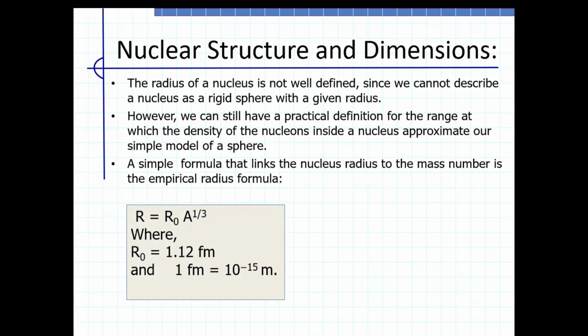It is an empirical formula, and it is given as r equal to r naught times A to the power 1/3, where r naught is 1.12 femtometer, which is 10 to the power minus 15 meters.